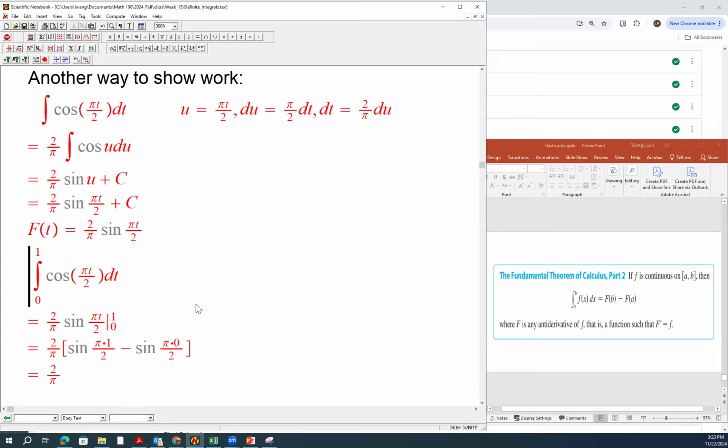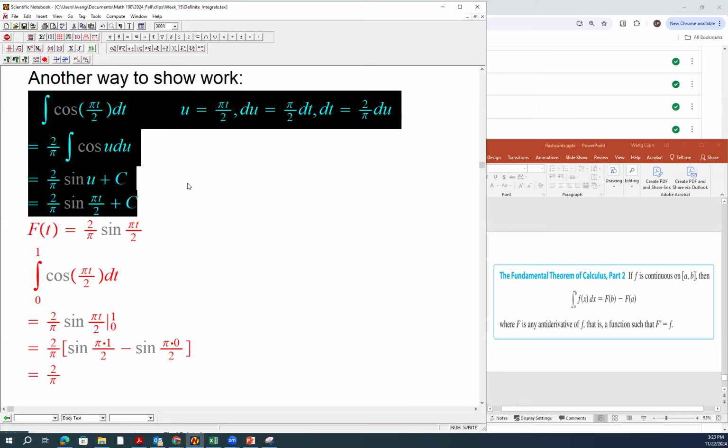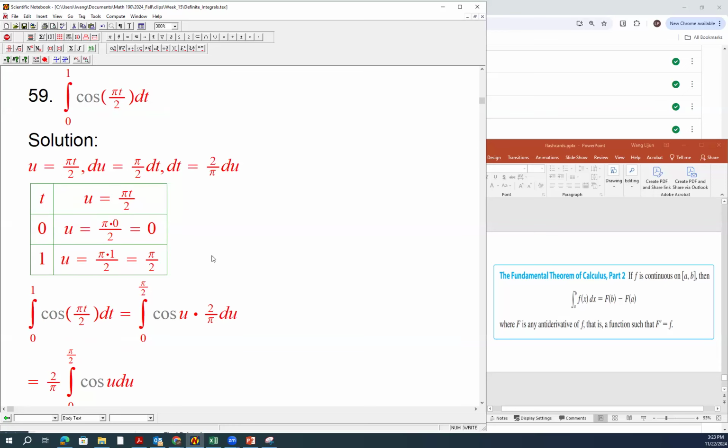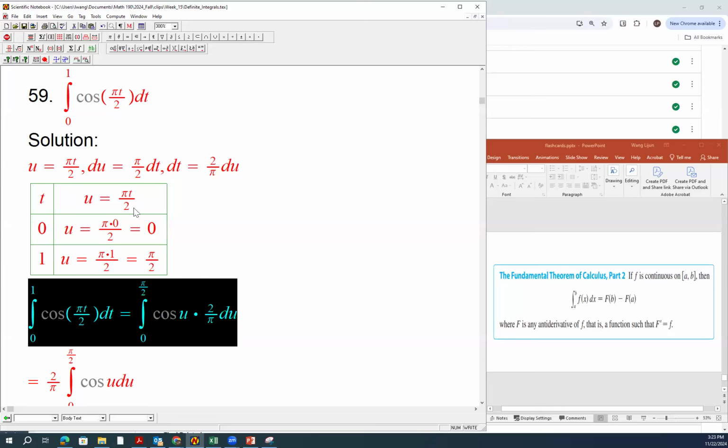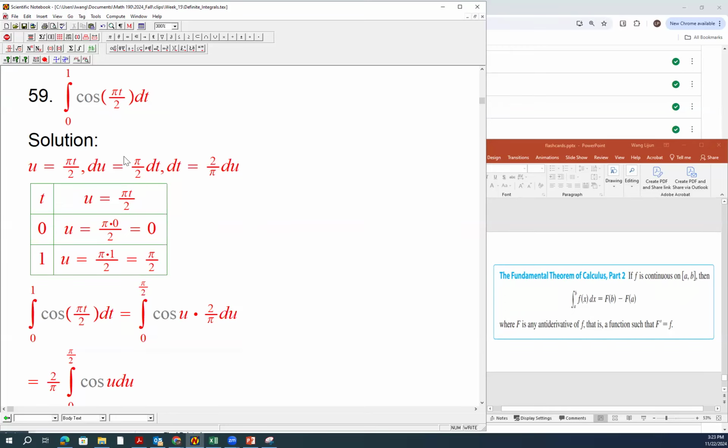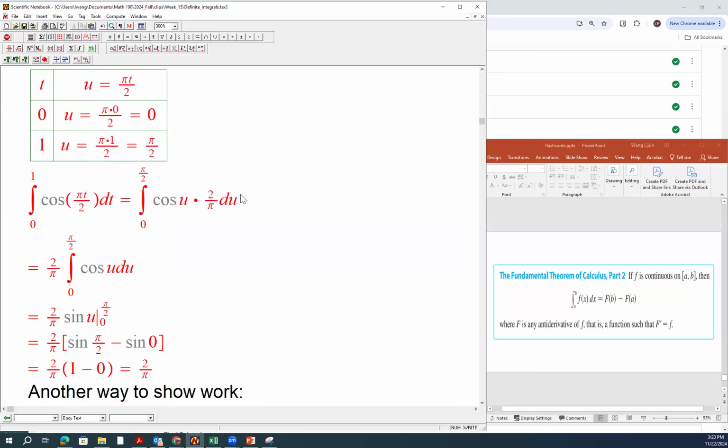These are the 2 major ways of showing work, and there could be some other variations. But one thing is certain: when you are looking for the antiderivative, you just look for the antiderivative. You can see in the second case, you don't need to work out the table, because you don't do this substitution. So these are the 2 ways to show work.